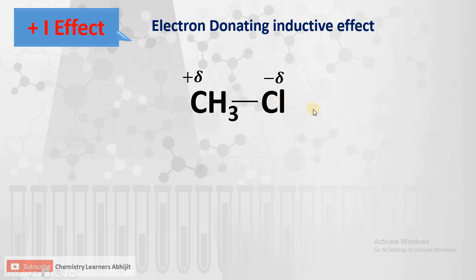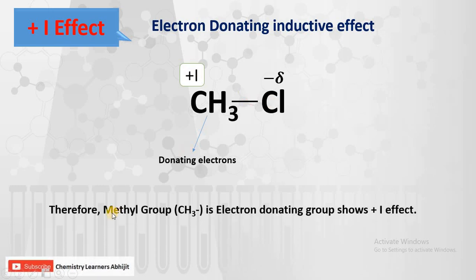So electrons are pulled towards the chlorine, but here I am depicting that this CH3 is donating the electrons. That's why the plus I effect is shown by this CH3 group. Here the electron donating atom, the CH3 group, donates electrons to this Cl. That's why the methyl group is electron donating and shows the plus I effect.